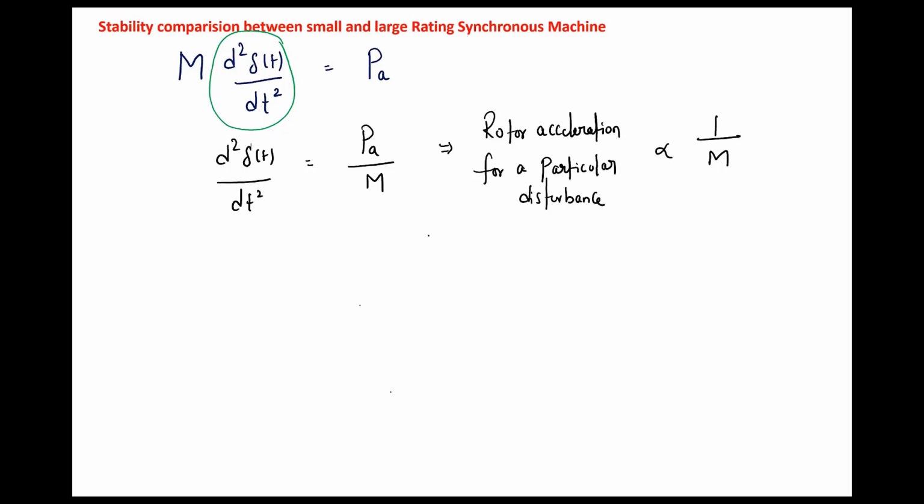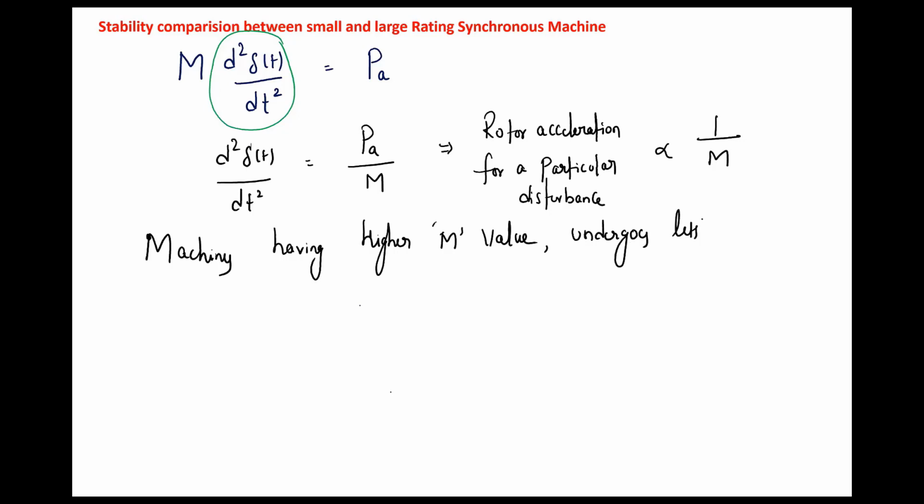That means the machines that are having higher angular momentum, higher M value, undergo less rotor acceleration for a particular disturbance.